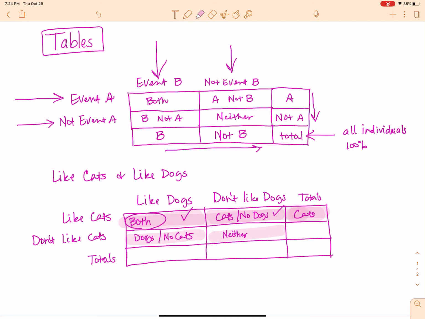All right, the people who don't like cats, well, some of the people who don't like cats like dogs. These people right here. So this total, all of these people don't like cats, but some of them also don't like dogs. These right here.